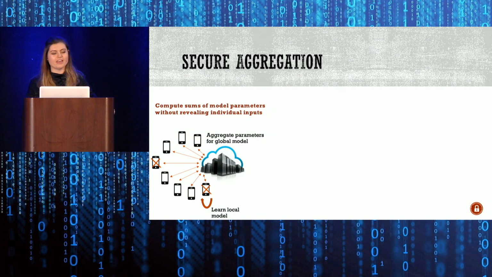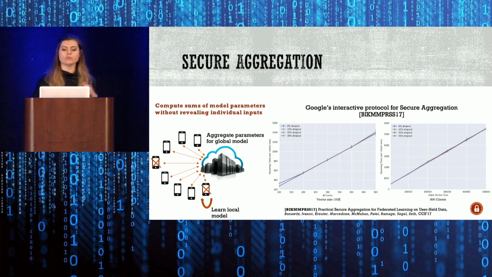So the goal here is to have each of the devices compute a local model and then use some aggregation algorithm to aggregate the parameters from the local models and obtain a global model that depends on the input of all participants. So there is a work from Google from 2017 that implemented such an algorithm, and it showed how its efficiency scales with the number of small devices that are participating and with the length of the vectors that model the parameters.